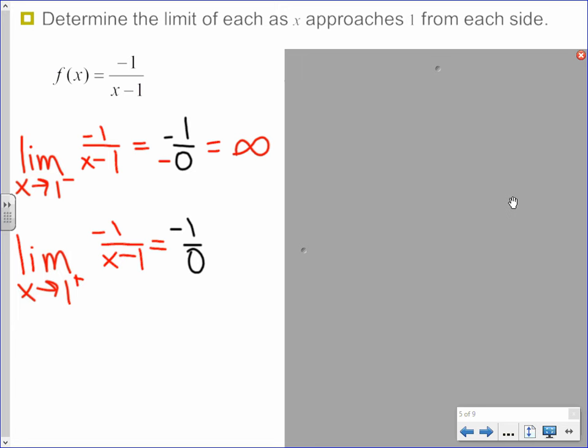We'll have positive numbers. If we plug in 2, we get negative 1 over 1. If we plug in 1/2, we get negative 1 over positive 1/2. So we're approaching that 0 from the positive side. Negative divided by a positive is negative infinity.